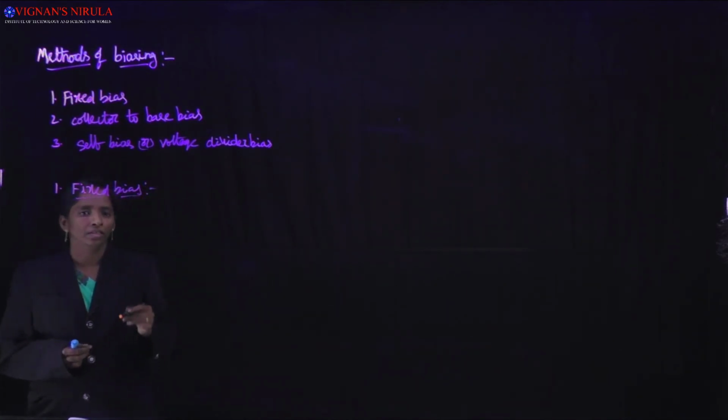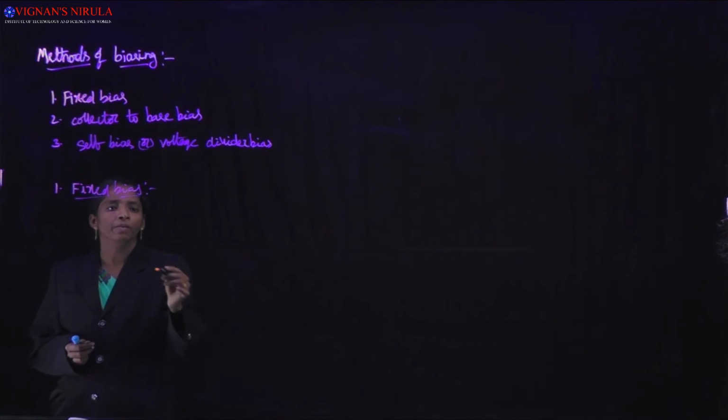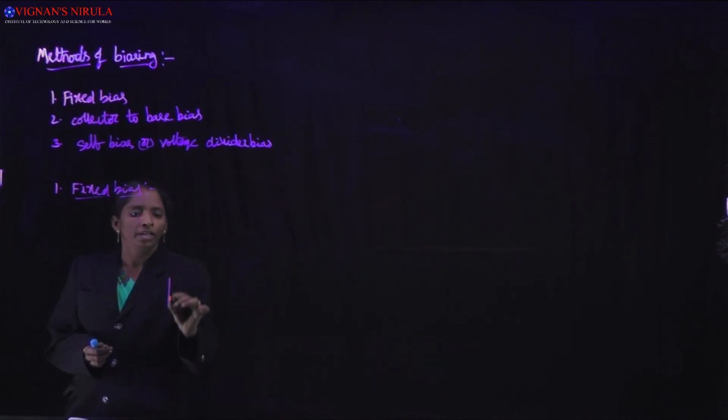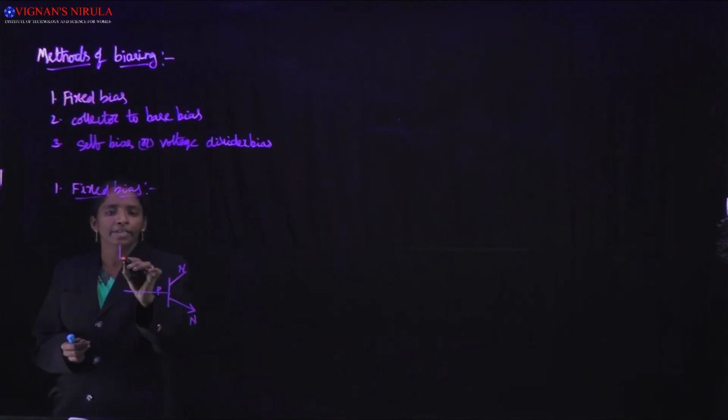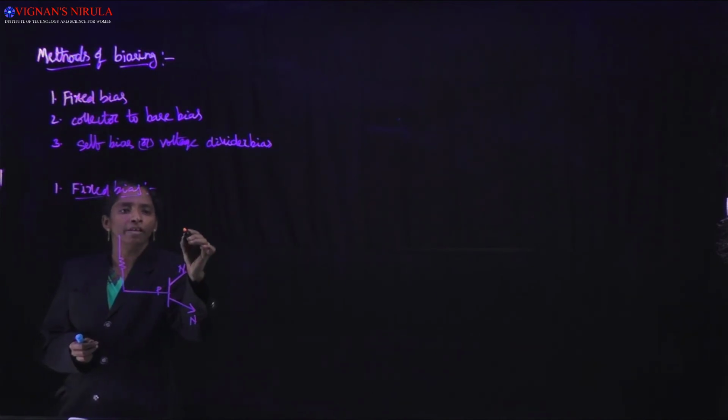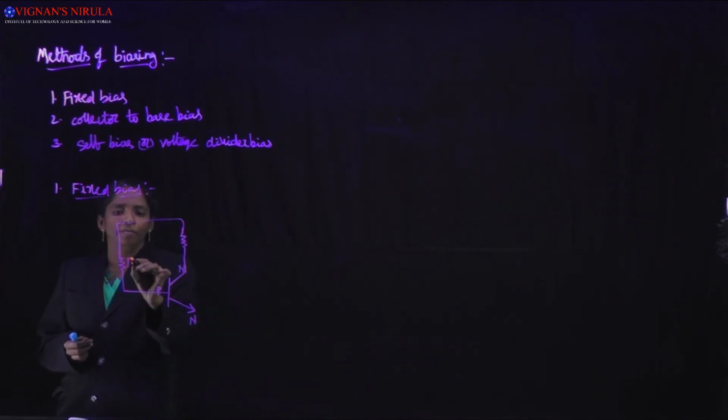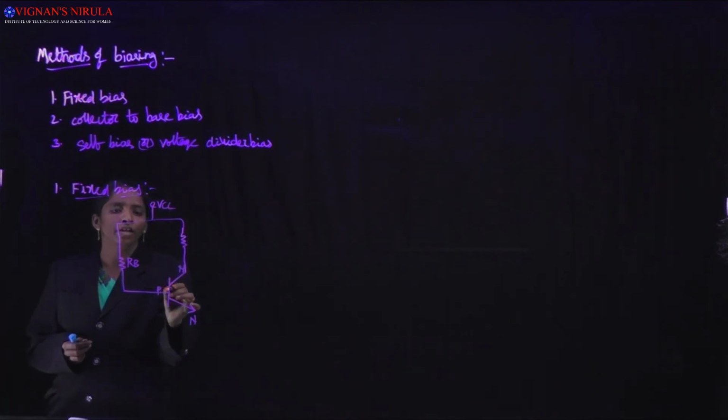In the fixed bias circuit we are taking a common emitter configuration and an NPN transistor. The base resistor RB is connected between the supply voltage VCC and the base terminal of the transistor.